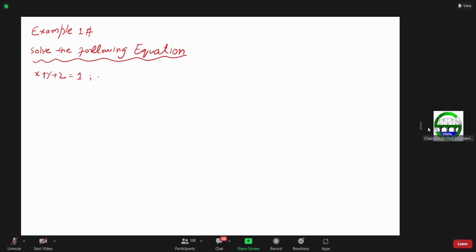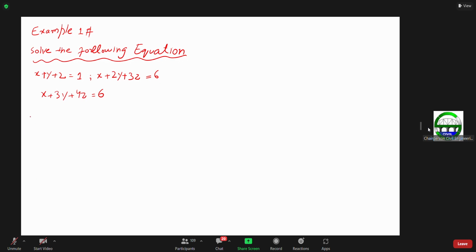The second is x plus 2y plus 3z is equal to 6. And finally we have the last one, x plus 3y plus 4z is equal to 6. Right? We have this system of linear equations.